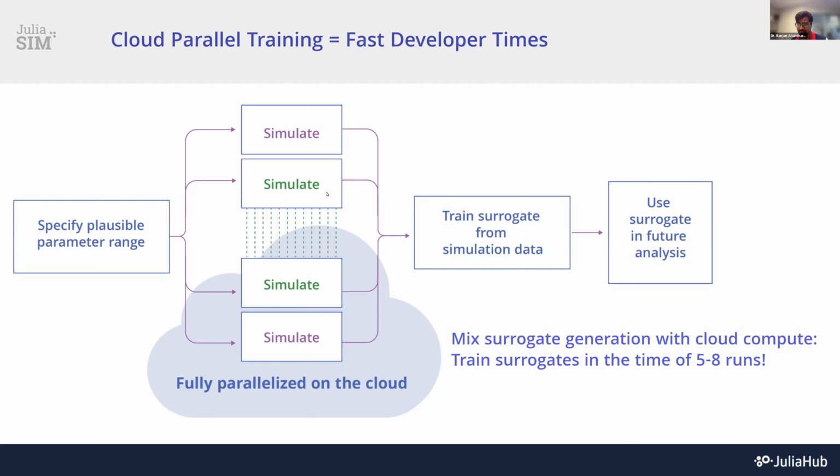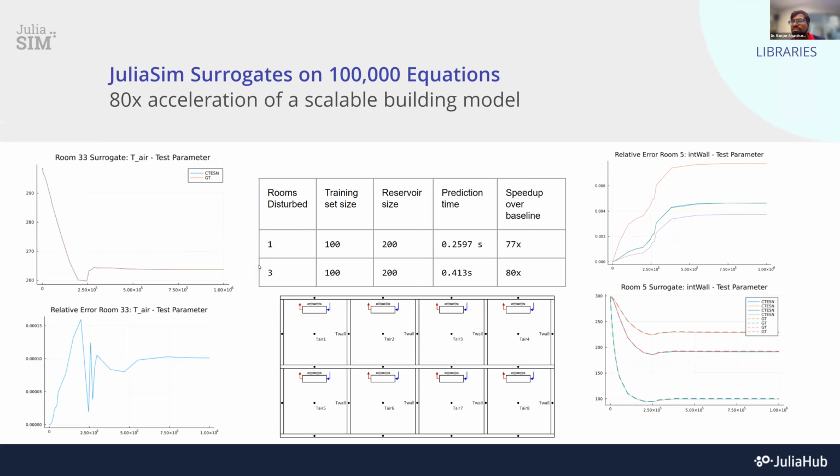So you can train multiple simulations in parallel, and this ends up working quite well. All of this data is collated, and then you can use the surrogate. All of this we make quite seamless, and we'll demo that just now.